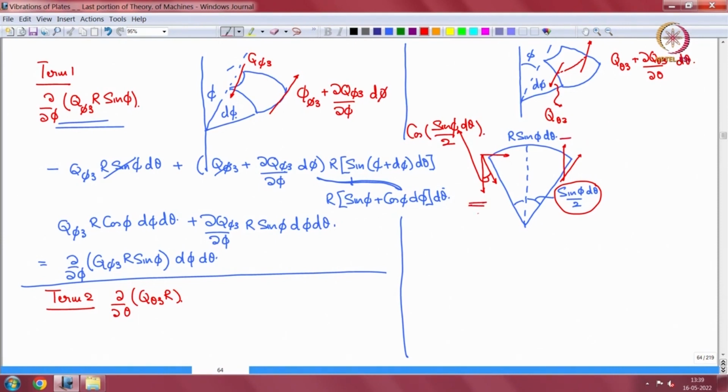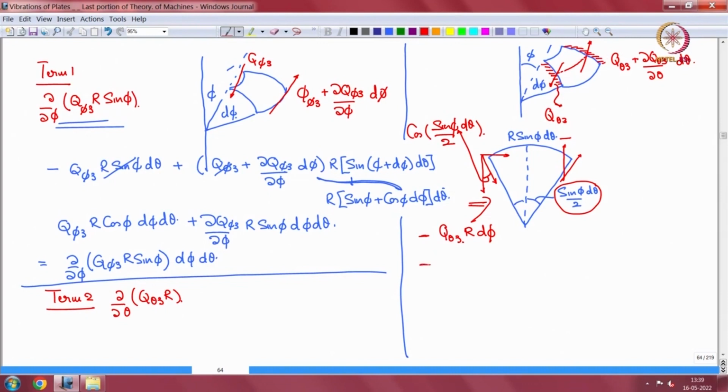So if this is q theta 3, then I multiply by this distance to make it a full force, r d phi. It will come with a minus. Then this side also I need to multiply by r d phi.